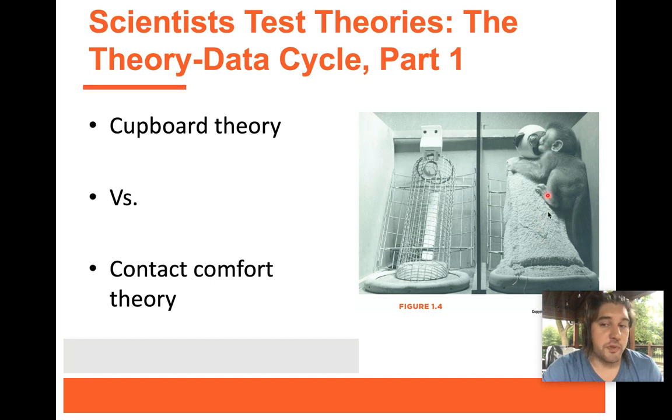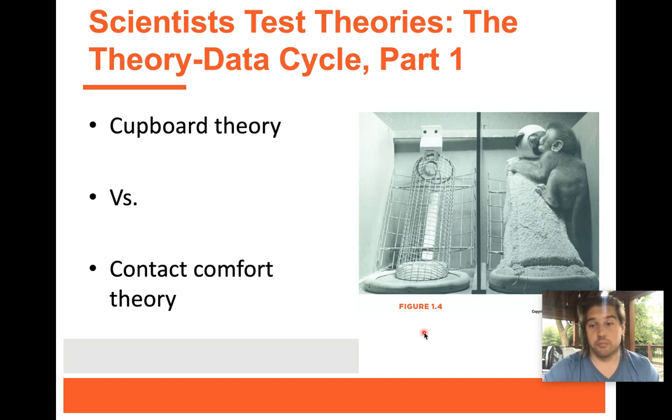So they could choose between spending time on the comfort mother, or they could spend time on the cupboard mother, which was cold and wire and metal, a little bit of a face, but not an engaging face. But the cupboard mother had food. The cupboard mother would provide sustenance, whereas the comfort mother had no food.